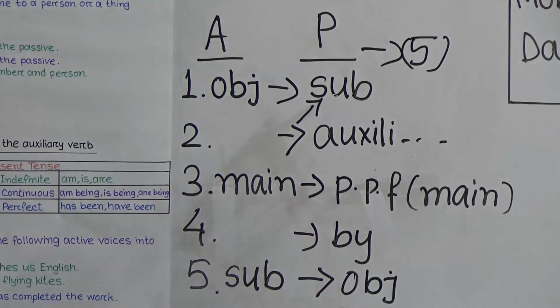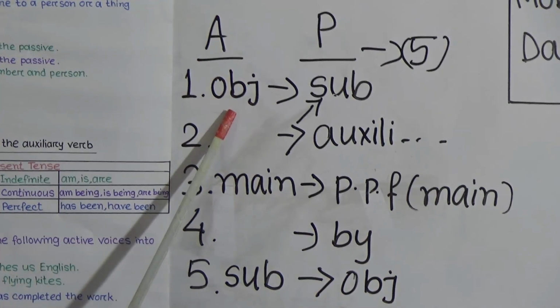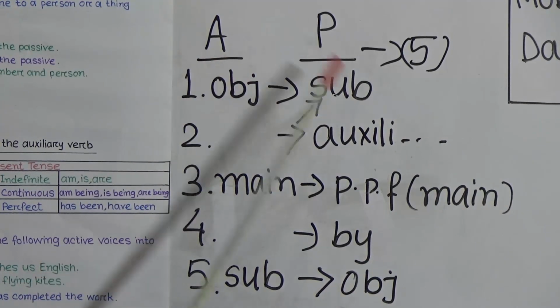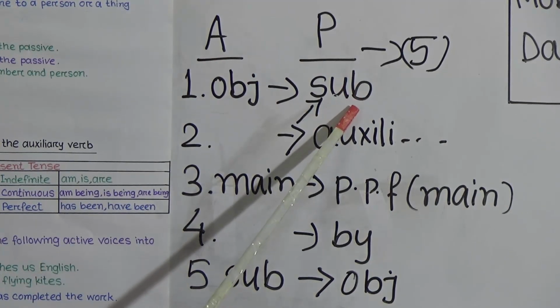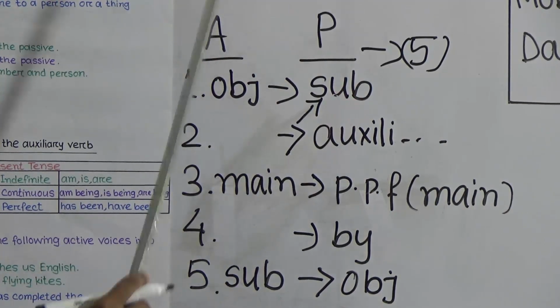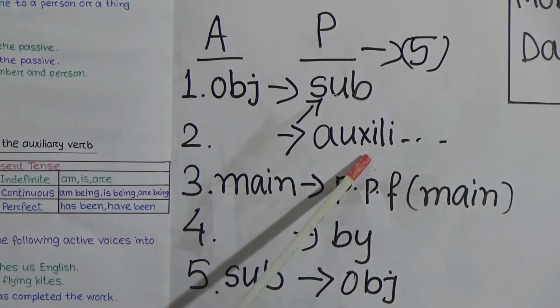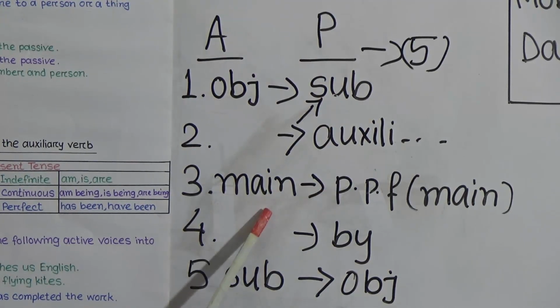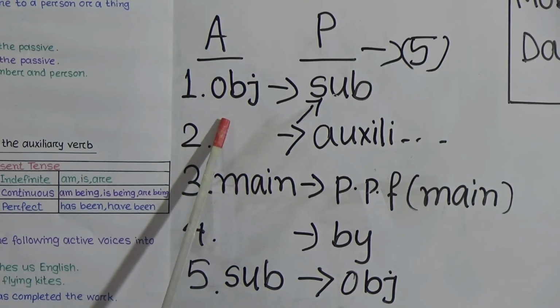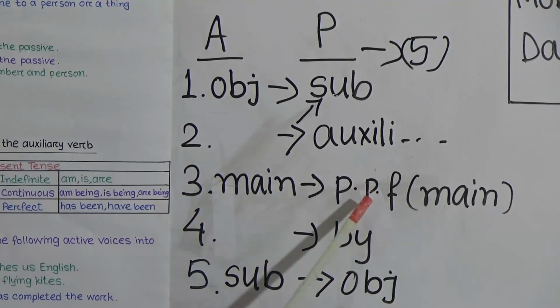Students, I am repeating. First you have to identify the object of active voice and make it the subject in passive voice. Then according to the subject you have to use an auxiliary verb according to tense, number and person. And number 3, you have to identify the main verb of the active voice and use the past participle form of the main verb in passive voice.